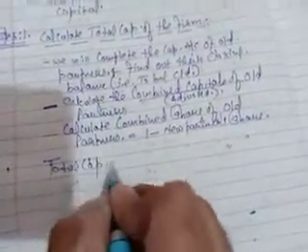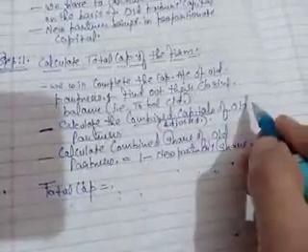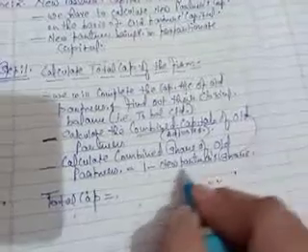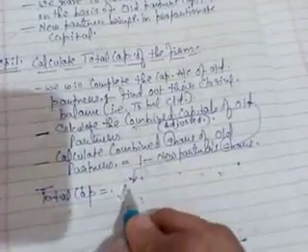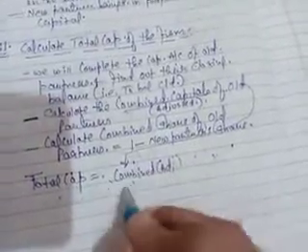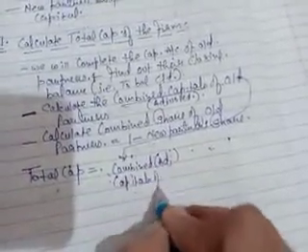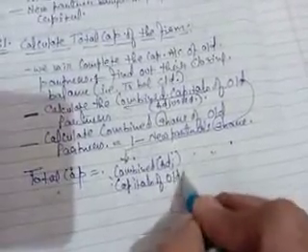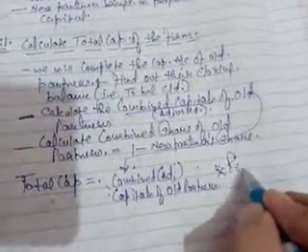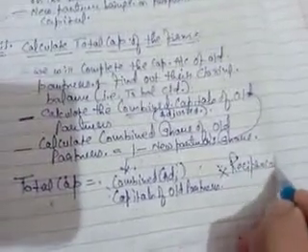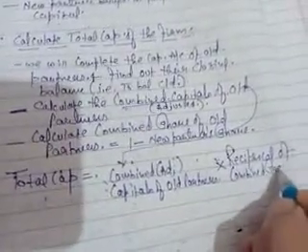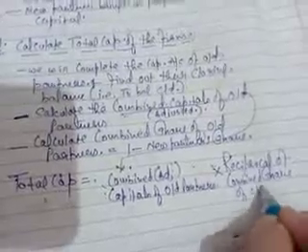So total capital will be the combined adjusted capitals of old partners multiplied by the reciprocal of the combined share of old partners.